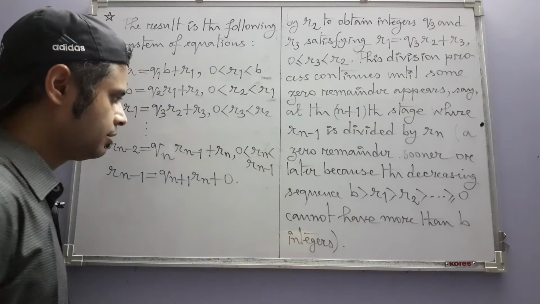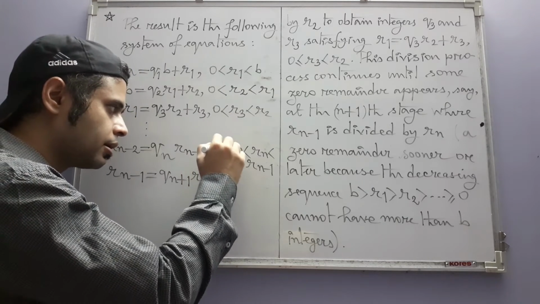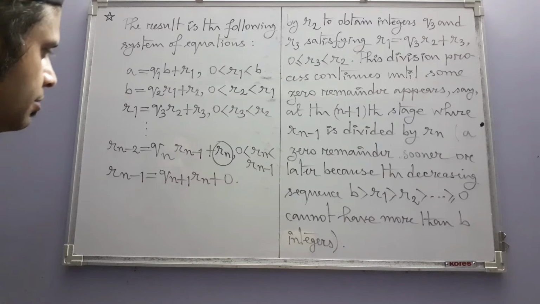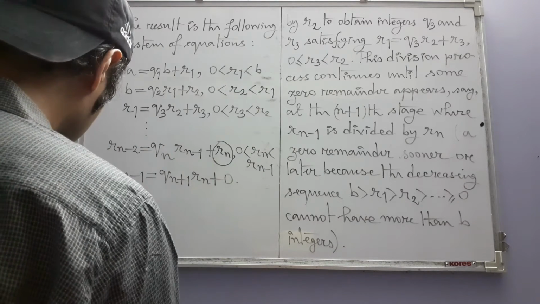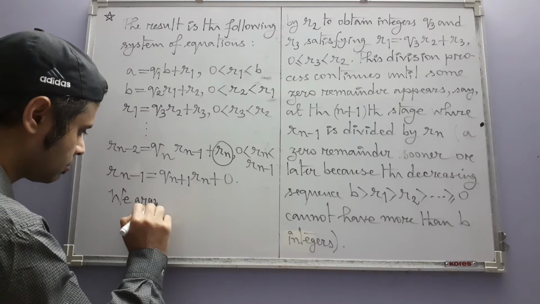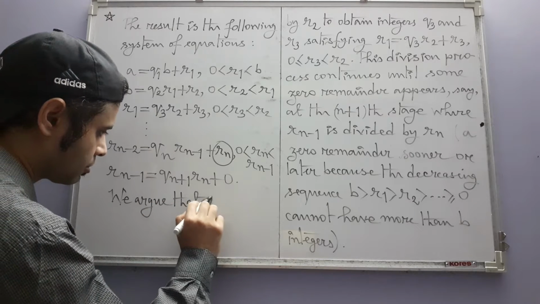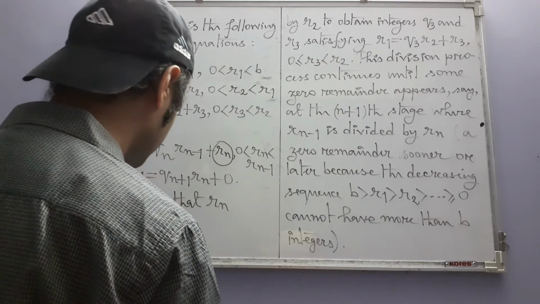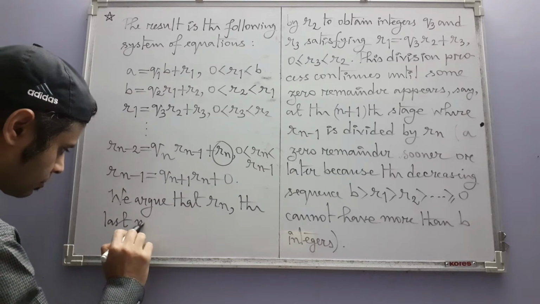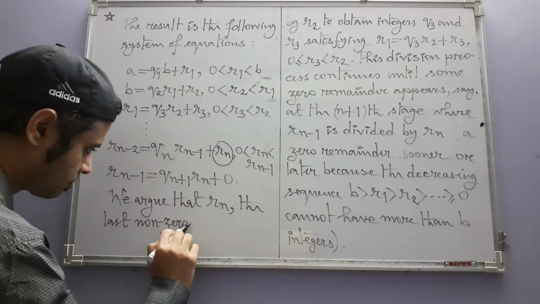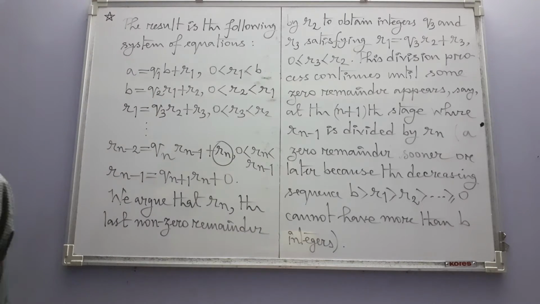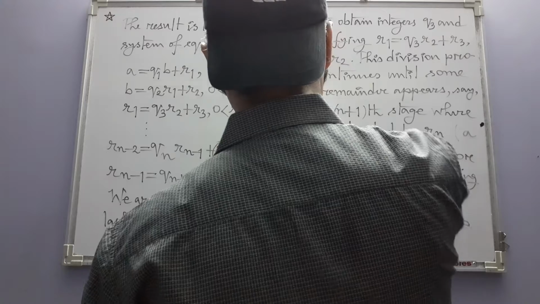Our claim now is that this last non-zero remainder Rn is actually the GCD of A and B. We argue that Rn, the last non-zero remainder that appears in this manner, is the greatest common divisor of A and B.